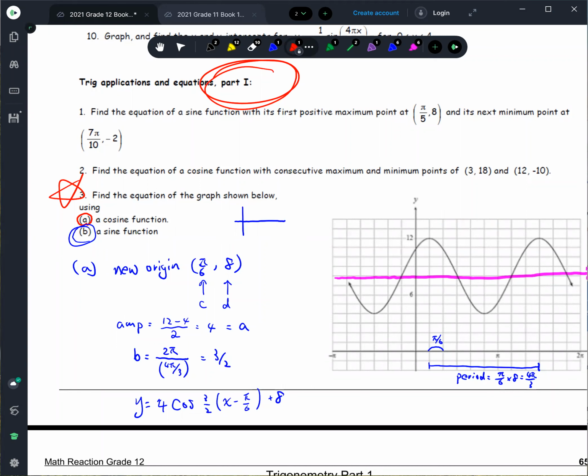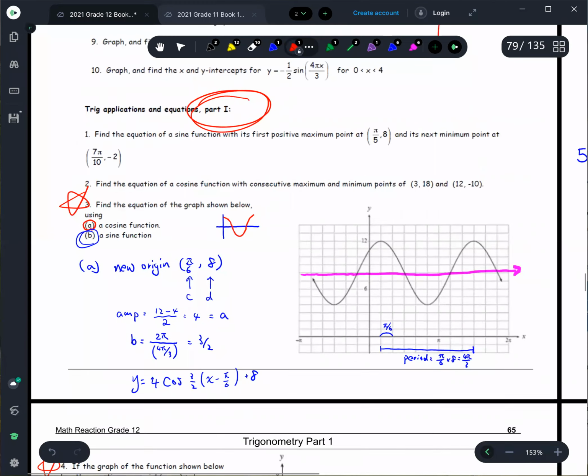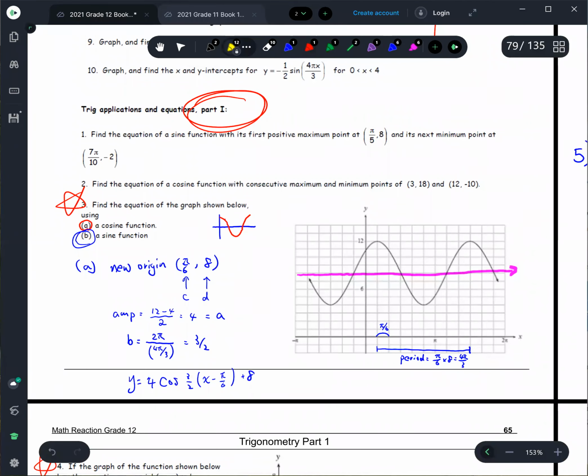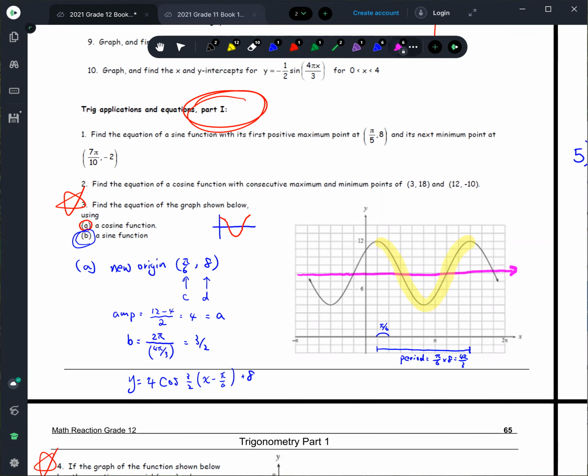Yeah, start from the highest and then go down, go down, go up, right? Yeah, so we want to search for that on the graph. So the part where it looks like that will be over here. Go down, go down, go up, go up. Make sense? Yeah. So that tells you that your y-axis will be this place. So your origin will be here.